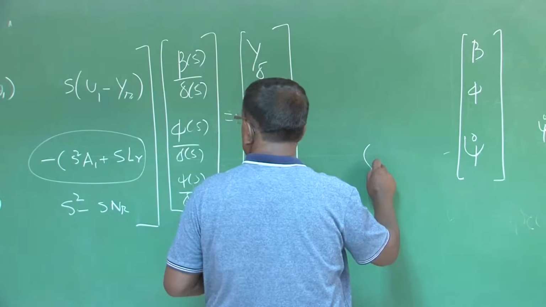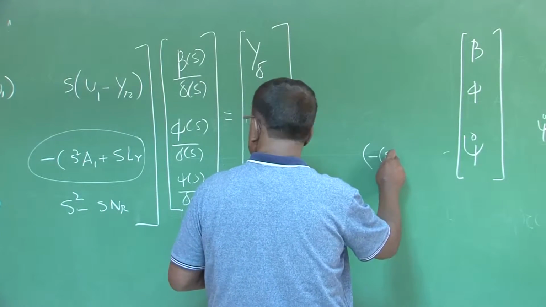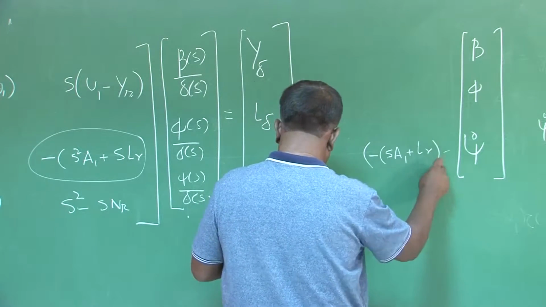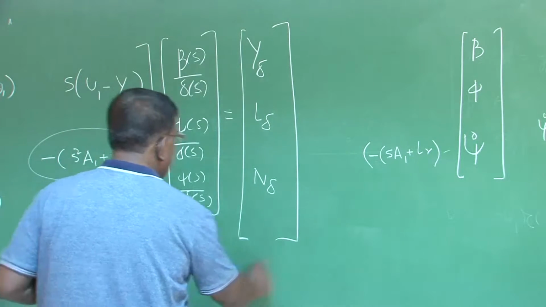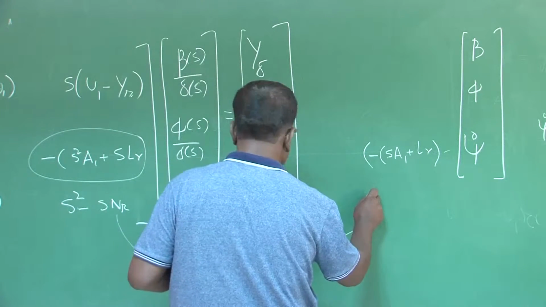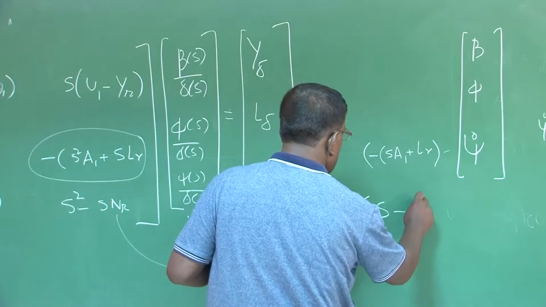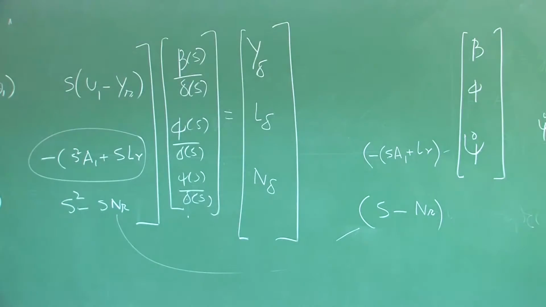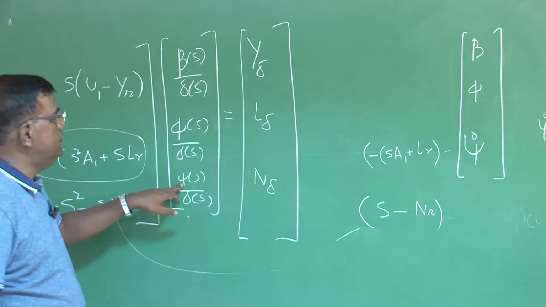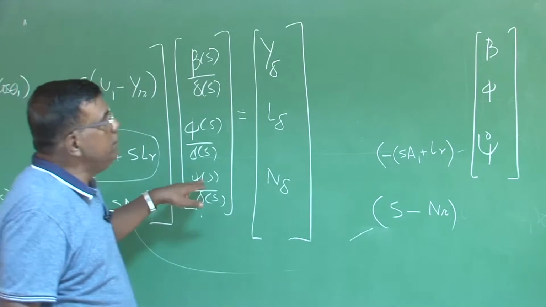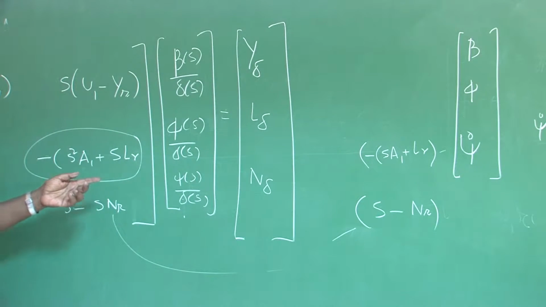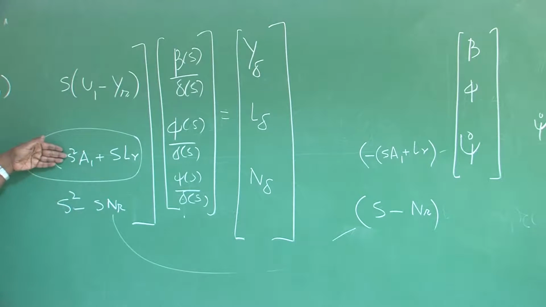So this term will be minus S A1 plus LR, and here again one S will be less, that will be S minus NR. Clear? Here it was psi dot, which is equal to R. Now, if I put psi dot as a variable, then one S will be less from the expressions which are getting multiplied with psi.